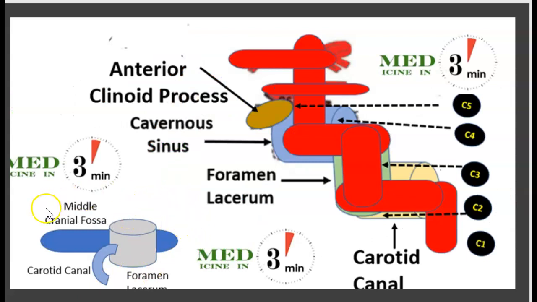Another way to show the middle cranial fossa, carotid canal and foramen lacerum: here is the foramen lacerum between C2 and C3. And then there is the cavernous sinus, and the carotid canal is between C1 and C2.